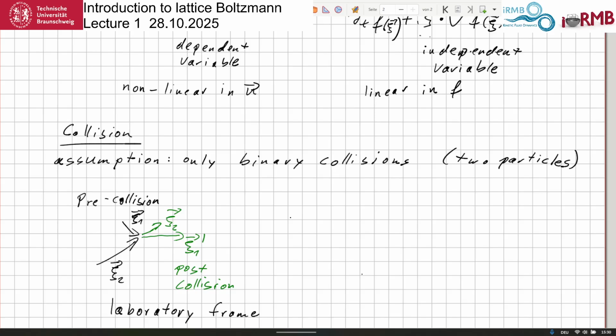In the center of mass frame, both particles will have the same velocity and they will collide head on, right? So they have the same velocity, so I can indicate this, even though it's not beautiful what I'm doing.